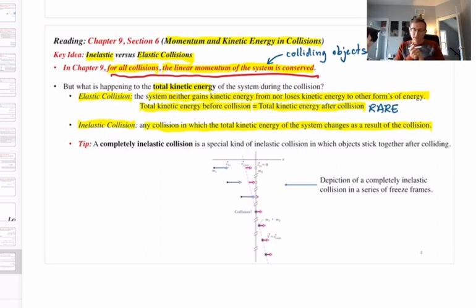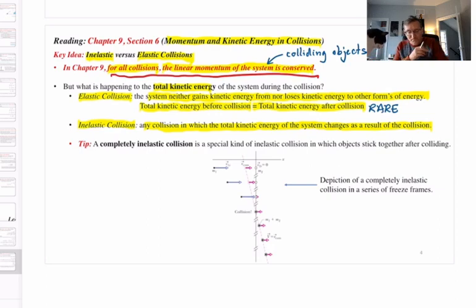I told you the rest of this chapter is kind of violent. We talk about things like two cars colliding. Well, they get deformed. That deforming takes work that uses up some of the kinetic energy. You lose kinetic energy. Or in an explosion, you gain kinetic energy. Either way, it's an inelastic collision. So what is conserved? Linear momentum, but nothing else.